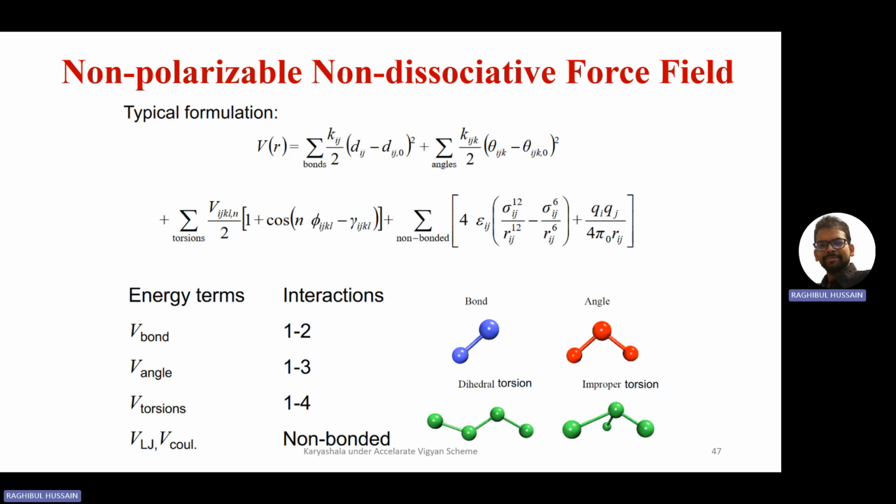Similarly, for the angle, as 1 and 2 are connected, and 2 and 3 are connected, an angle can be formed. By doing multiple DFT calculations of all the alkanes, the angle could be obtained. By taking their number of calculations, they will put one average value or a range, that if this happens, CCC, then this kind of angle it can have. So that's the equilibrium angle.